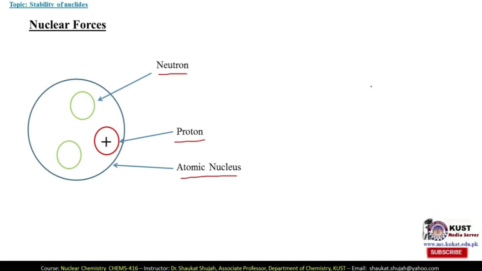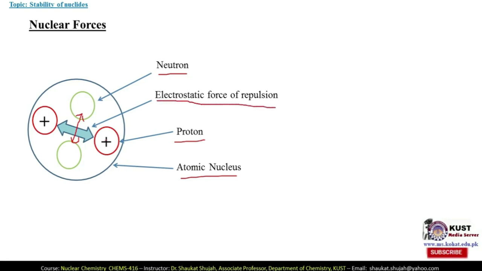Since the neutrons are neutral, there is no electrostatic repulsive interaction involving them. However, since protons are positively charged, there exists an electrostatic force of repulsion between two protons.